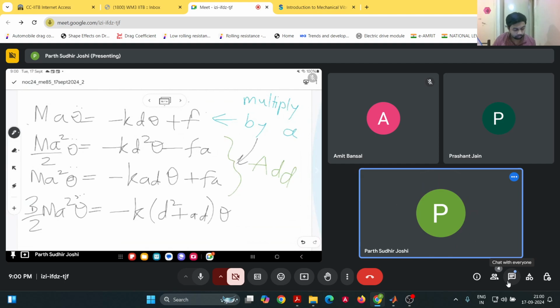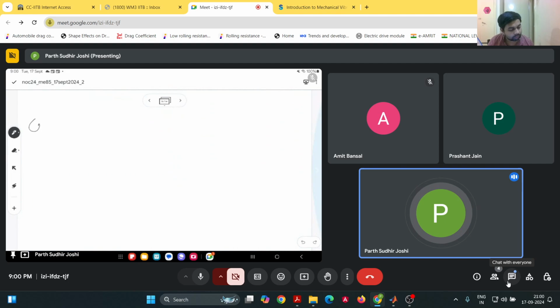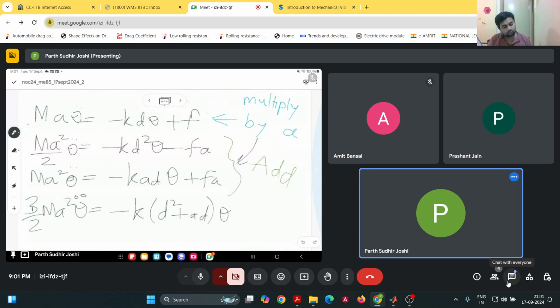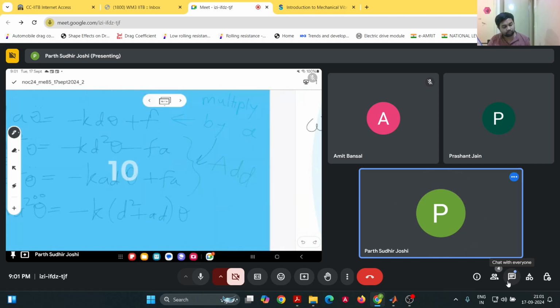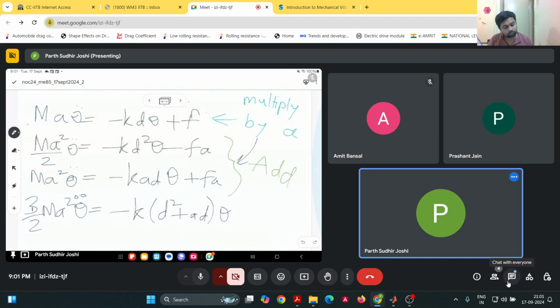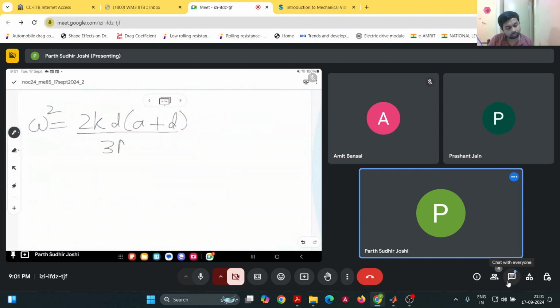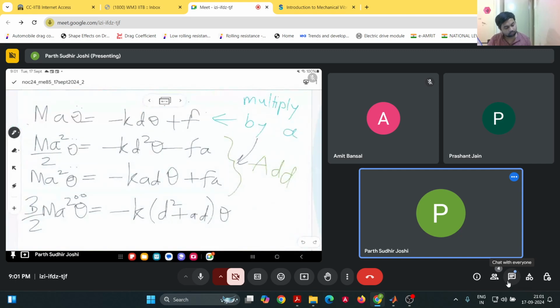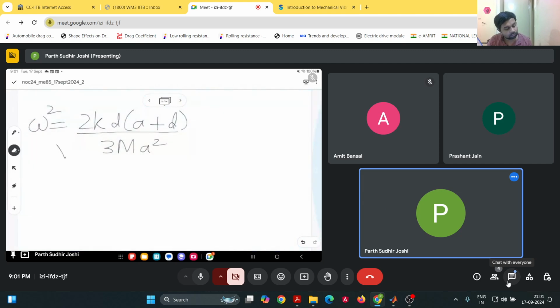So then omega square will be equal to, using the usual form and comparing that, we will get omega as the square root of this, 2 k d into a plus d over.